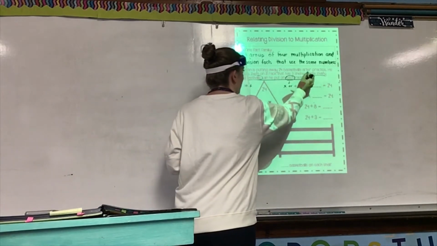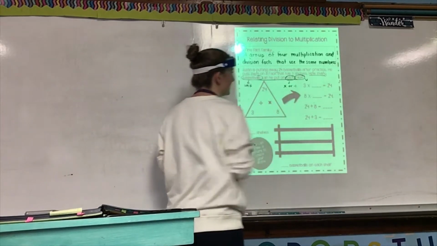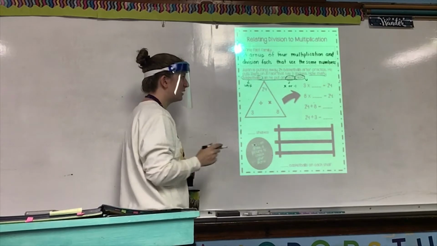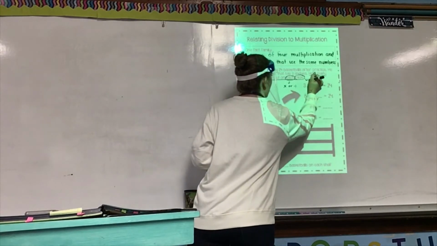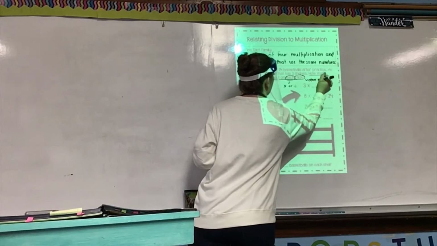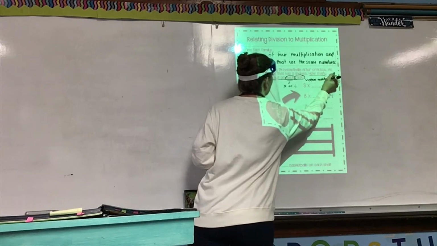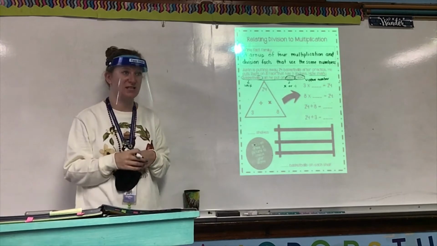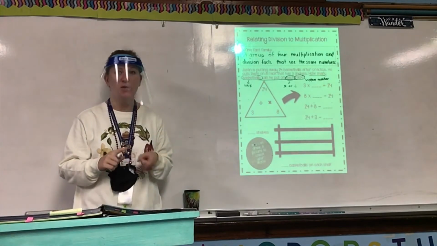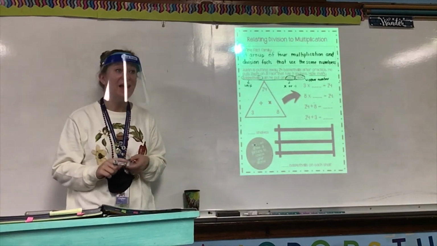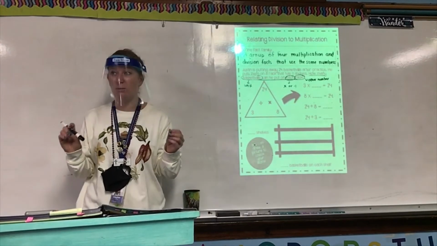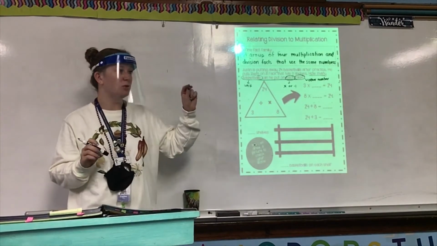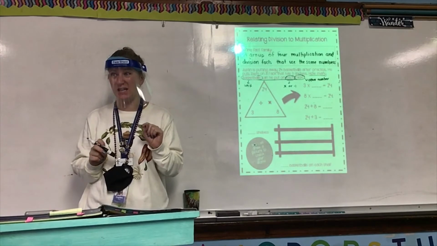Whatever comes after the word each, in this case rack, is the other number. Because in multiplication and division, the numbers that they give us are not going to represent the same thing. That only happens in addition and subtraction. In multiplication and division word problems, we're looking for numbers that represent 2 different things.